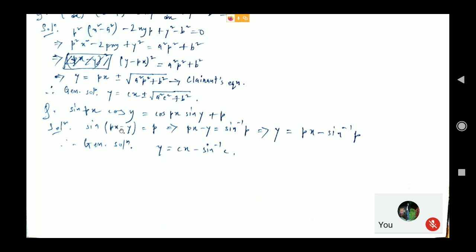If we apply the inverse function, we have px minus y equal to sine inverse p, y equal to px plus sine inverse p, which is of the form y equal to px plus f of p. f of p is this sine inverse p. So it's in Clairaut's equation form. Therefore, for the solution you don't have to do anything, just replace p by c, and you obtain the solution.